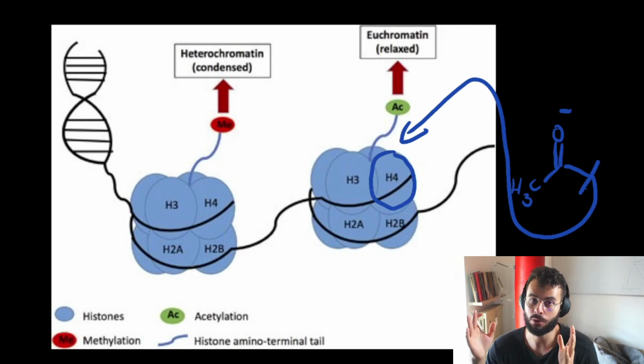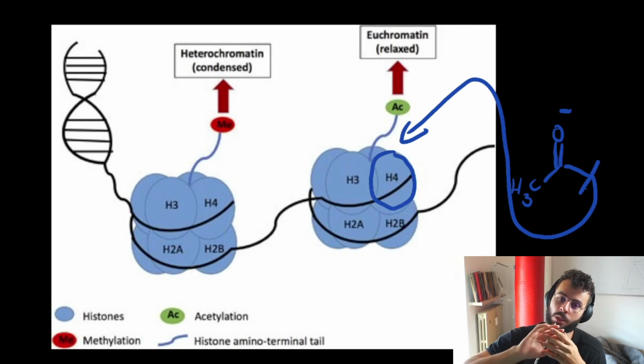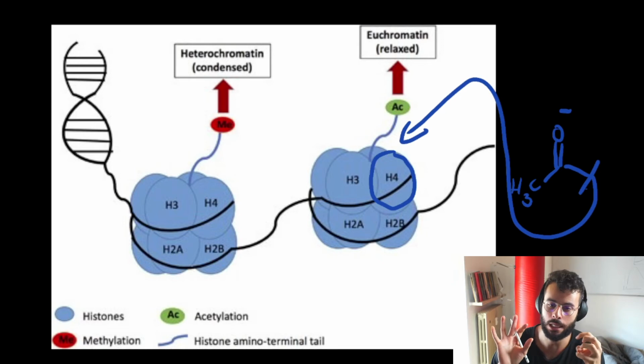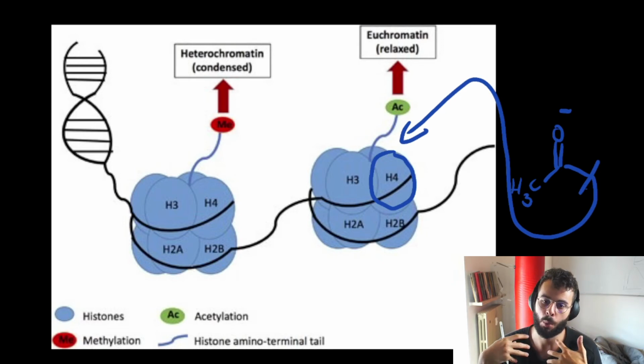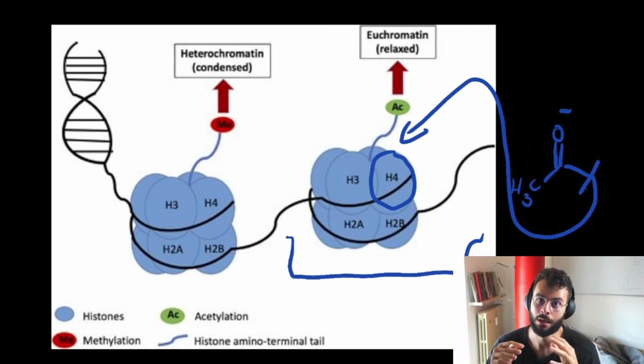We are going to cause a repulsion between the histone and the DNA. Therefore, we are going to get a more relaxed state of the condensation of the DNA. Therefore, it's going to be easier to transcribe this section of the DNA.